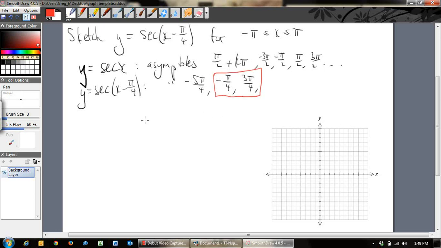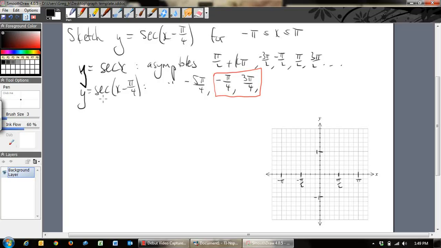So they're asymptotes, so let's go ahead and sketch those on here. We only need to go from pi to negative pi, so let's put pi there, negative pi on 2, and pi over 2. So that looks pretty good, and this will be our 1, this will be negative 1.